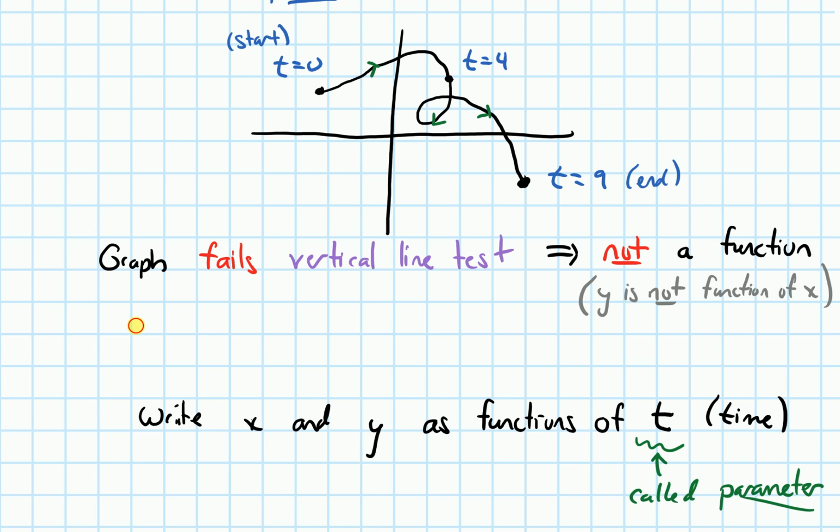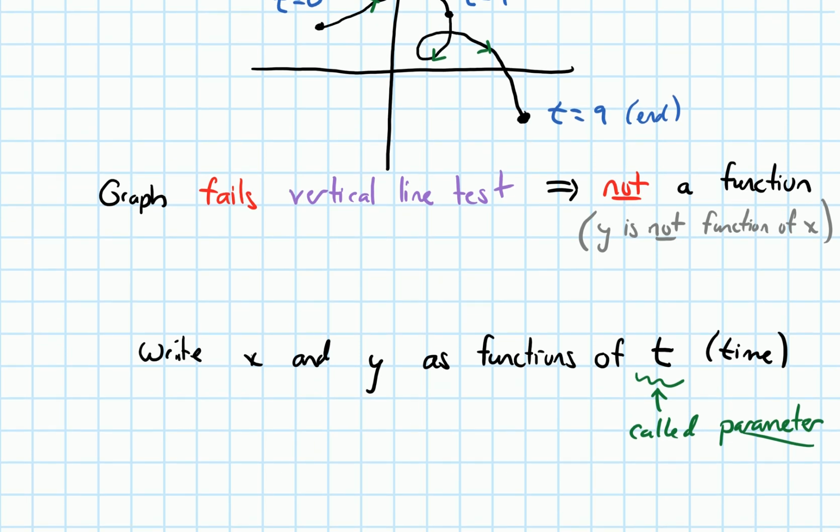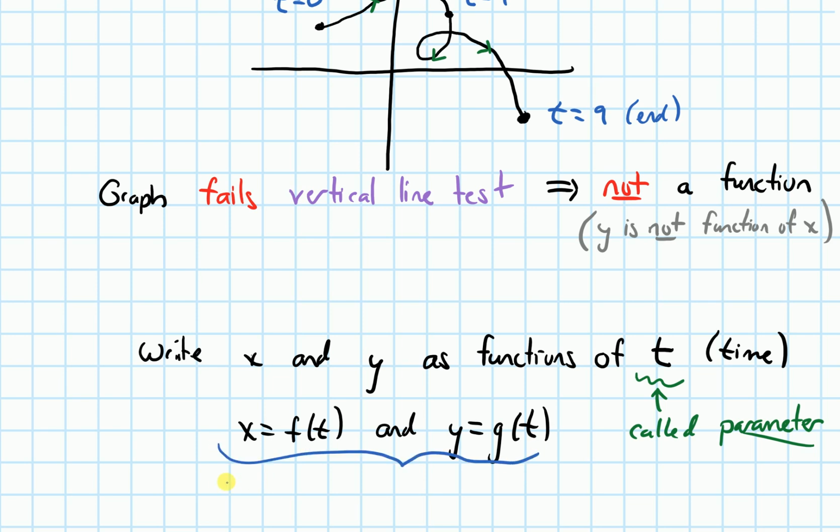All right, so what we're going to do is we're going to try to write x as some function of t. I'll call that f of t. And we'll do the same thing with y. We'll write y as g of t, some function of t. And these two equations are called a parametrization.